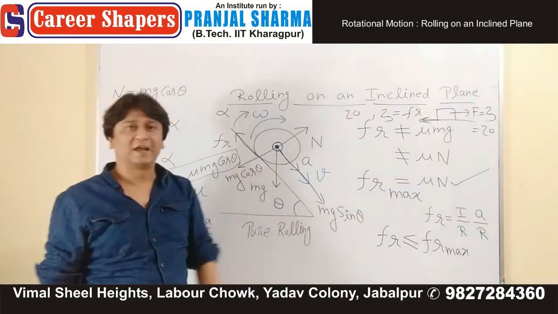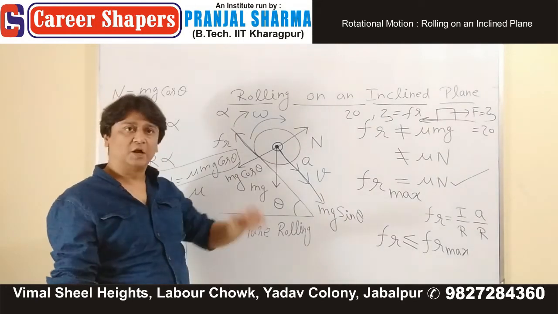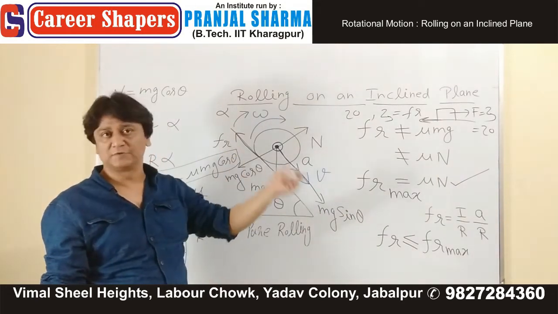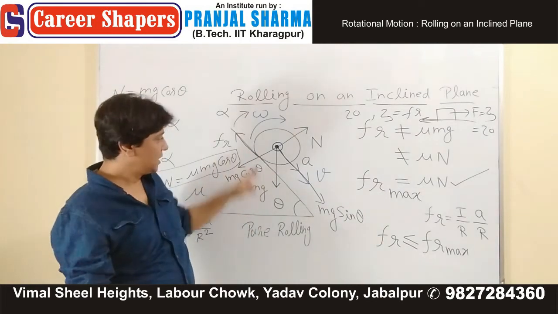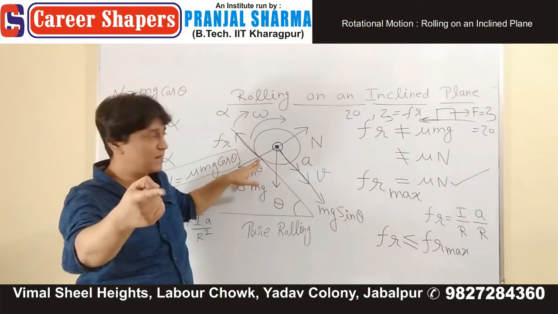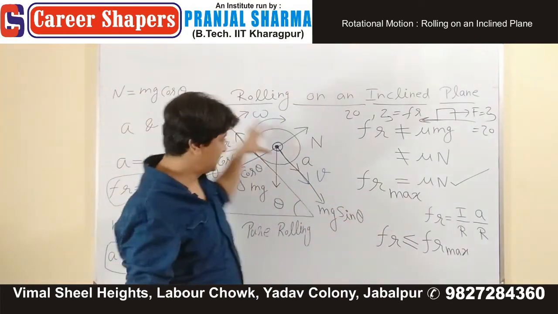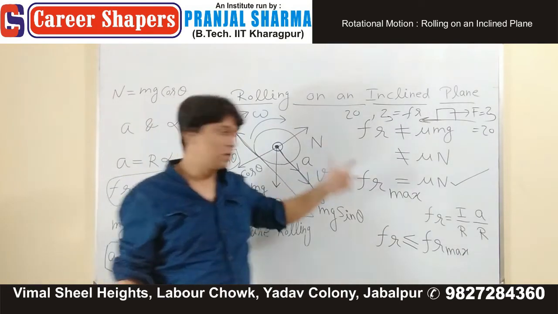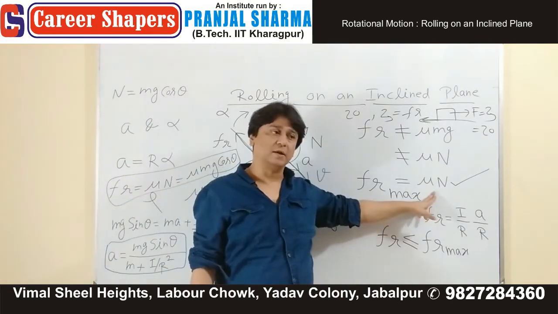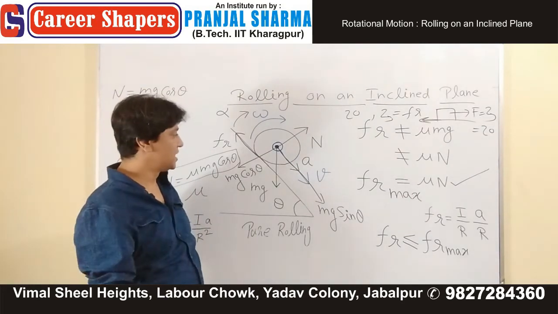If they have only given us one value of mu, then that will be the mu static as well as mu kinetic. If this point is about to slip, is not slipping but is about to slip, friction will reach its maximum. If it slips also, then also Fr will be mu n. ये सारी चीजें हम कर चुके हैं, देख लेना इसको.